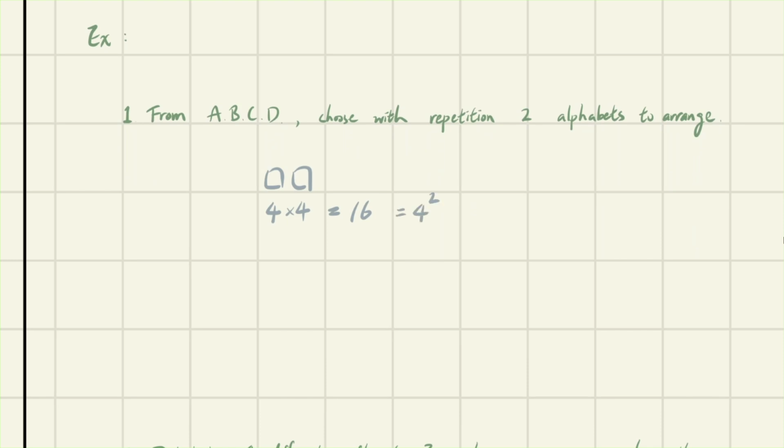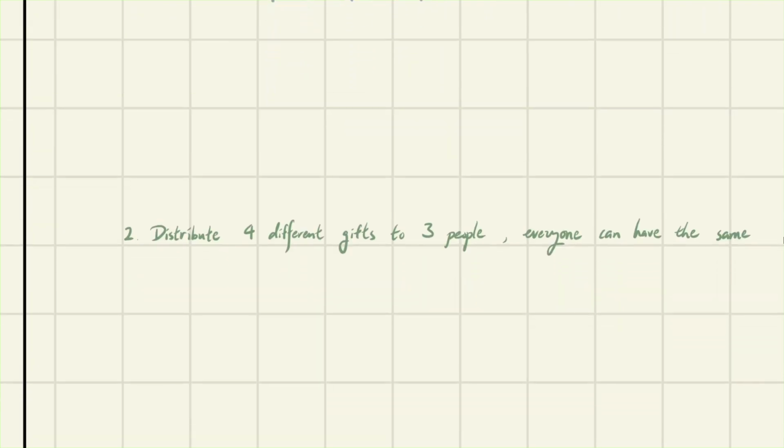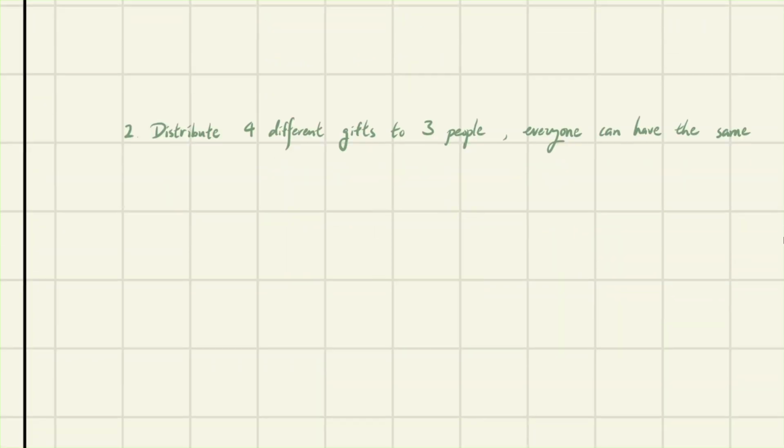For the second example, distribute 4 different gifts to 3 people. Everyone can have the same. If you think of it this way, a person can have multiple gifts, but a gift can only be given to one person.